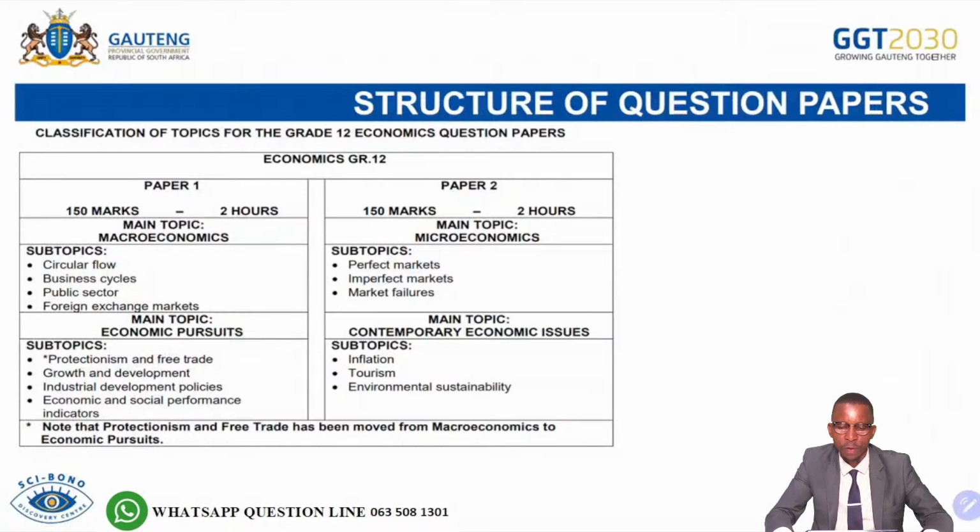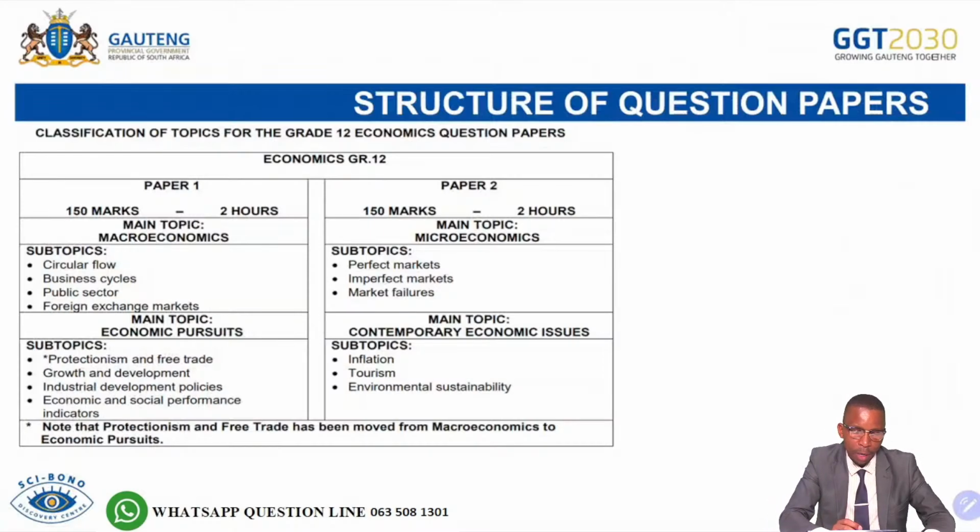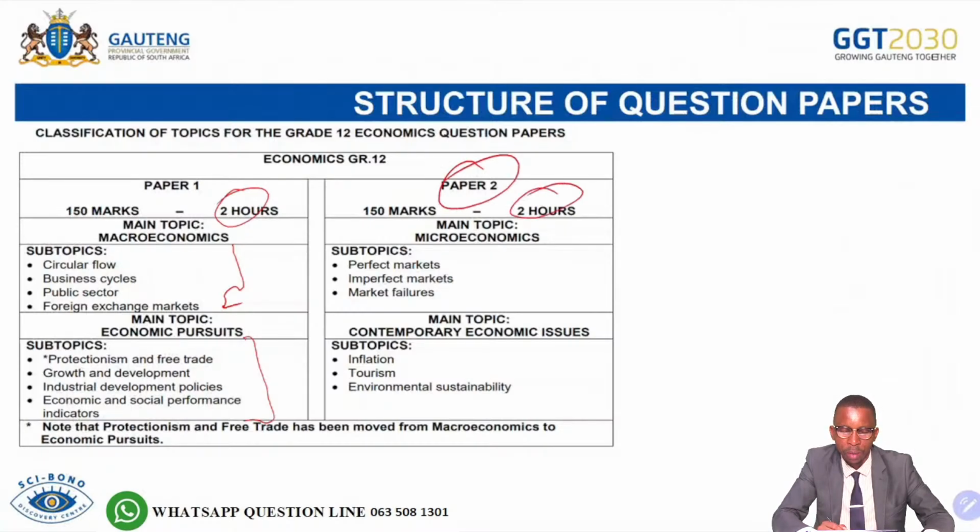This is the structure of the question papers in economics. We have seen this before, and I will always remind you until the last day of exam. Remember, our paper 1 is 2 hours, and covers macroeconomics and economic pursuits. But today our focus is on our paper 2, which is also 2 hours.